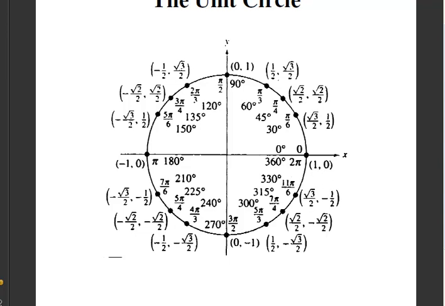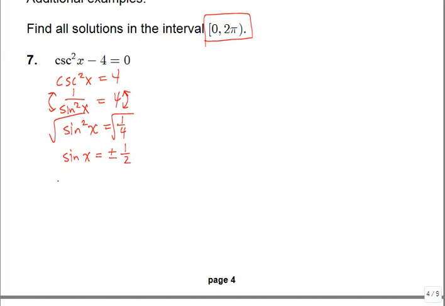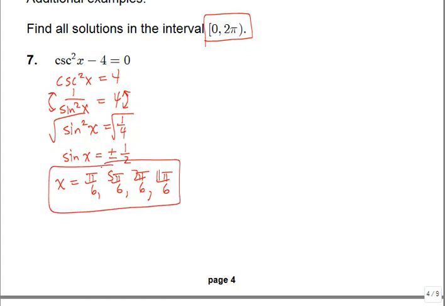So all of our reference angles of pi over 6 are going to work. So pi over 6, 5 pi over 6, 7 pi over 6, or 11 pi over 6. We did not square both sides, and we didn't have any fractions that might become 0, so this is our solution, and we don't have to worry about checking.